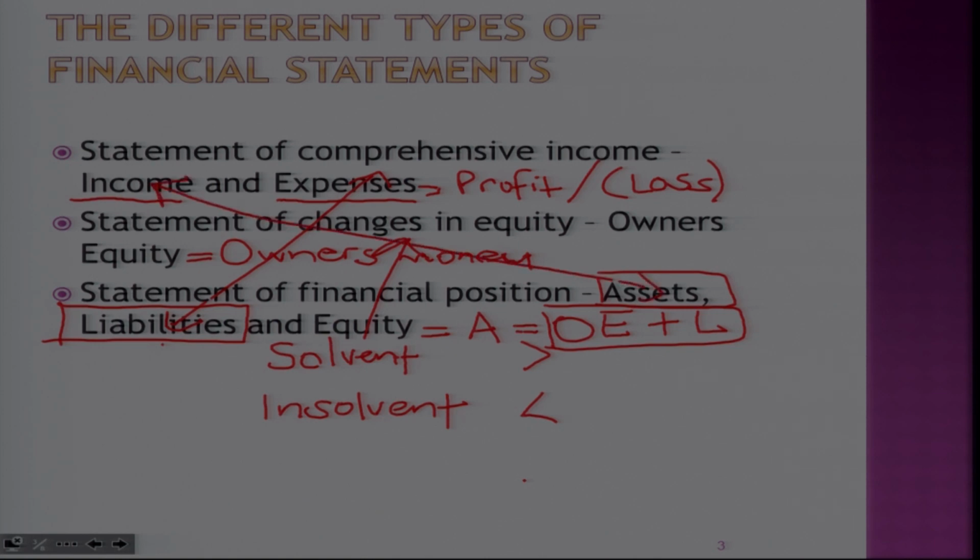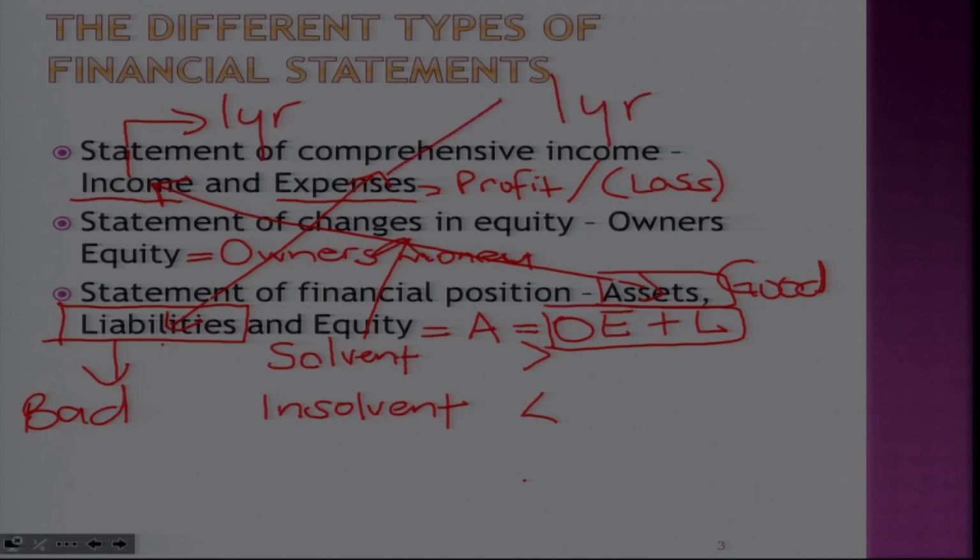Both an asset and an income are good. Both an expense and a liability are bad. Why? Because you owe people money. But the difference between the two is that an income can only be an income for 1 year. Expense, exactly the same. But a liability and an asset, you can have for longer than 1 year.